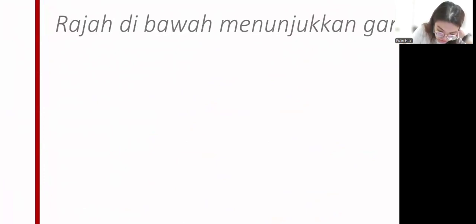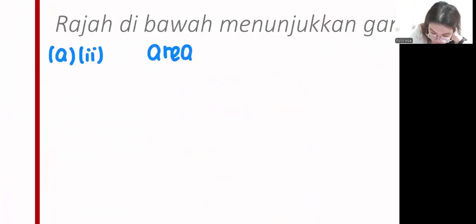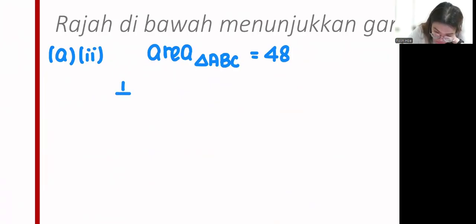Part 2. We are given area of triangle ABC equals to 48. One over 2.